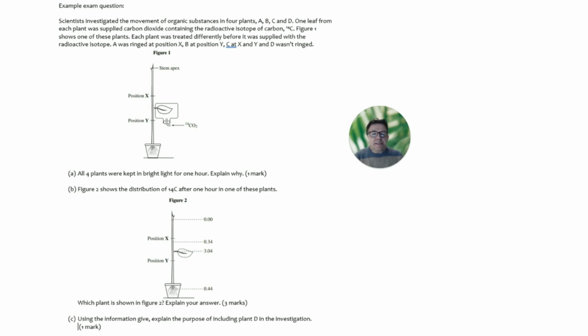A was ringed at position X, so we know what ringed means, they're removing the phloem. B at position Y. C at X and Y, and D wasn't ringed at all. Okay, so they ask you some questions there. I'd like you please to pause and we will go through the answers in a second.